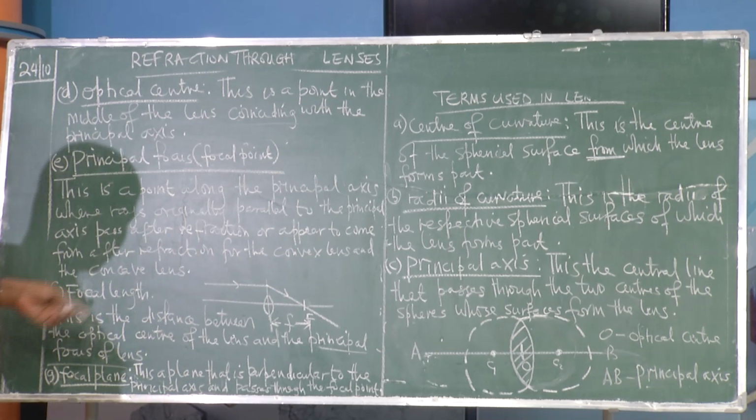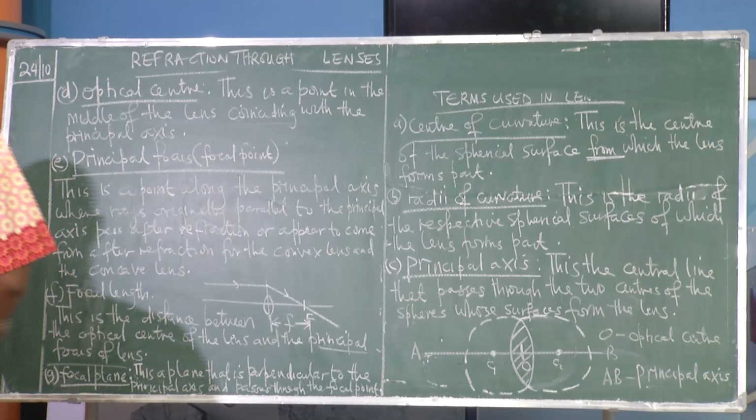It is a plane that is perpendicular to the principal axis and passes through the focal point.